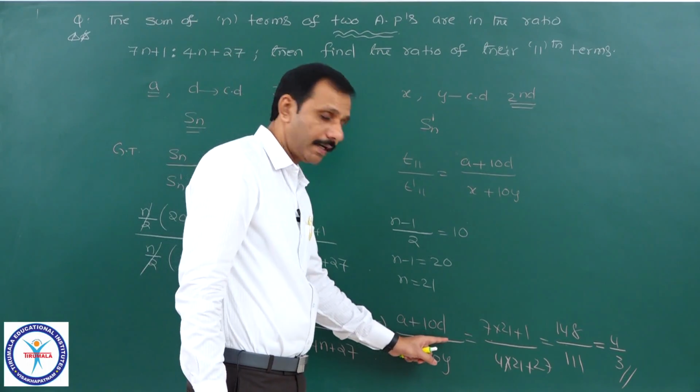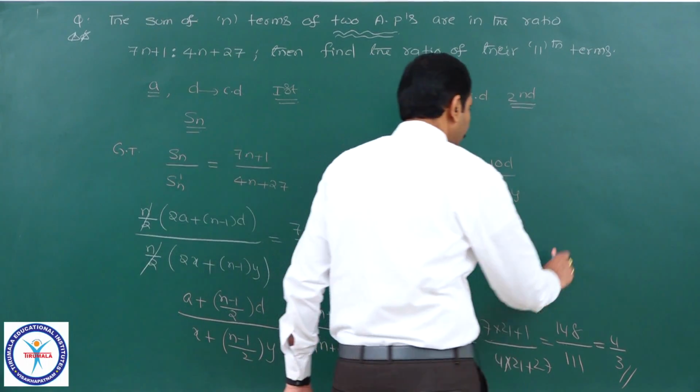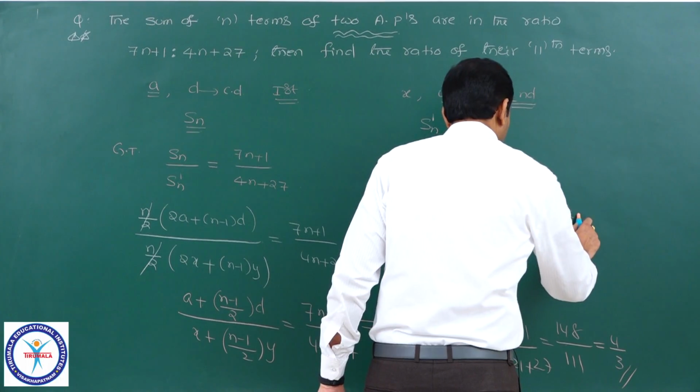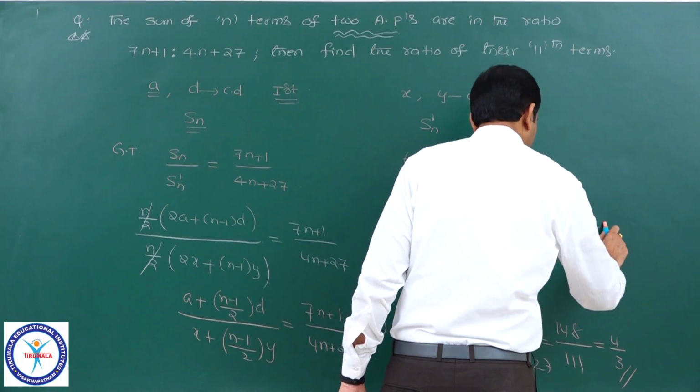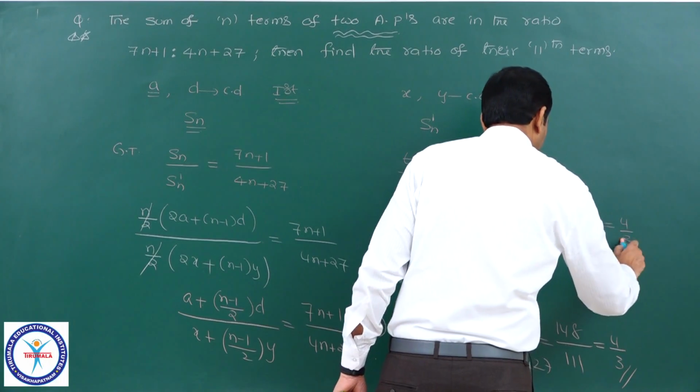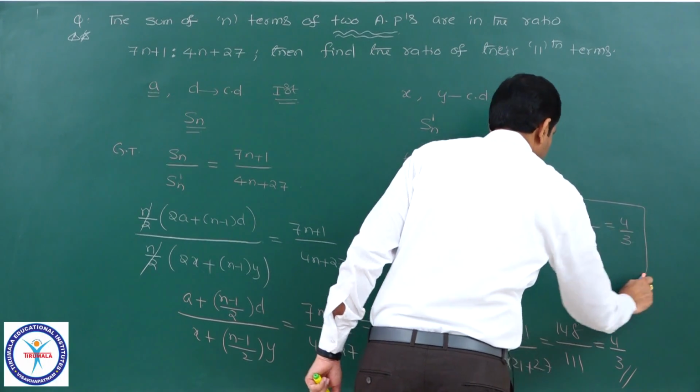A plus 10d is T11, and the denominator is T prime 11, so T11 by T prime 11 is 4 by 3. That is the answer.